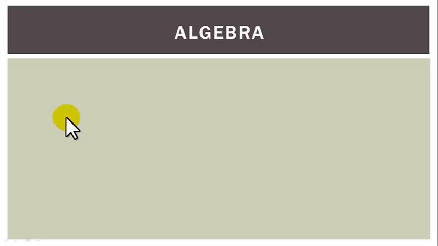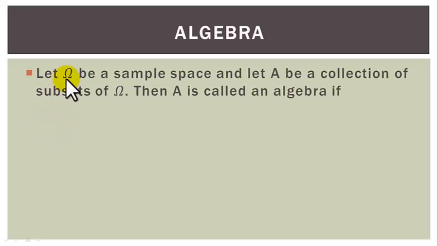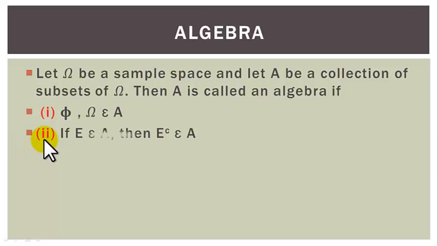Algebra. Let omega be a sample space, and let A be a collection of subsets of omega. Then A is called an algebra if the following conditions are satisfied. 1. Empty set and omega are elements of A. 2.